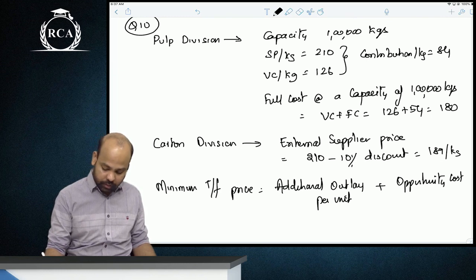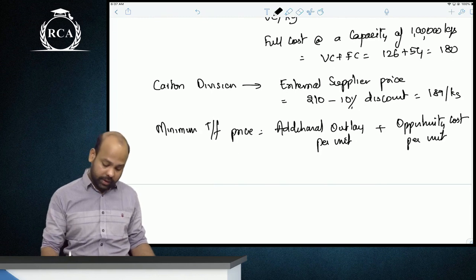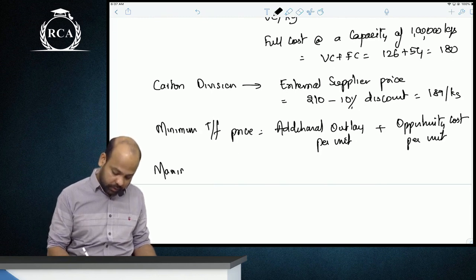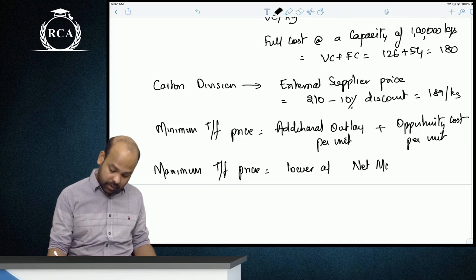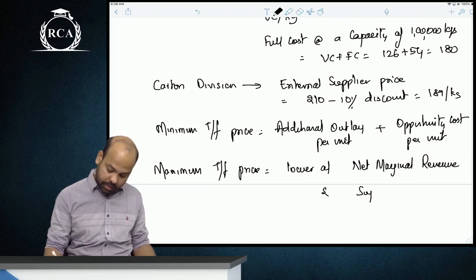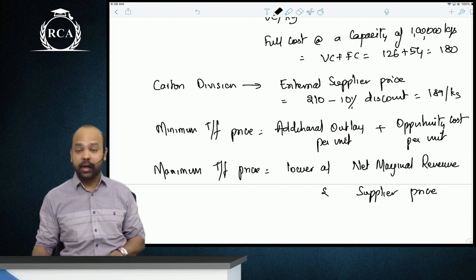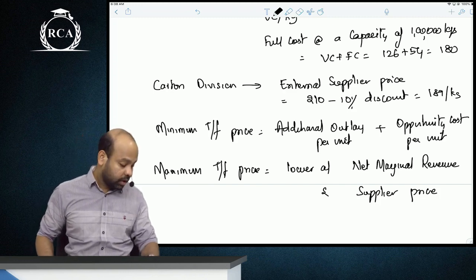Maximum transfer price would be the lower of net marginal revenue and supplier price, that is the external buying price. These are all the details that I would need to solve this question and nothing else.